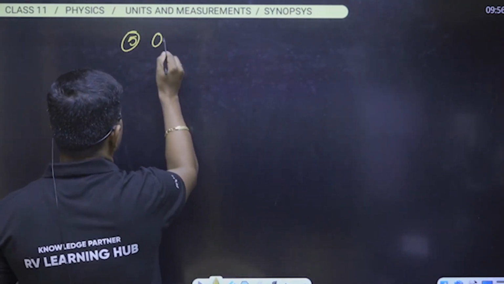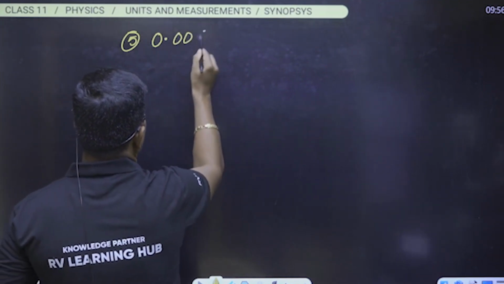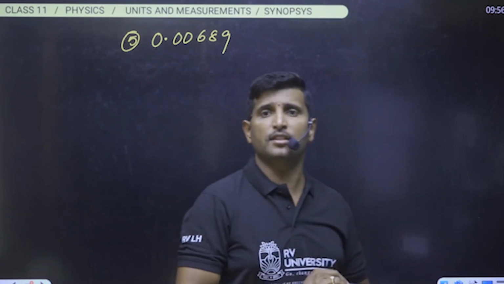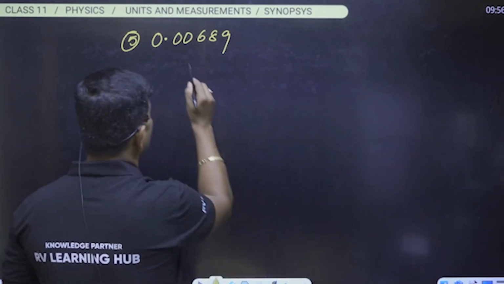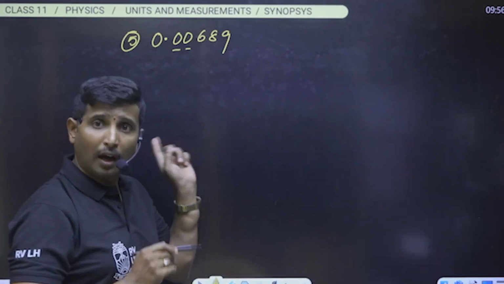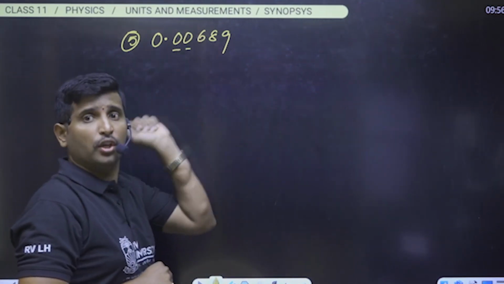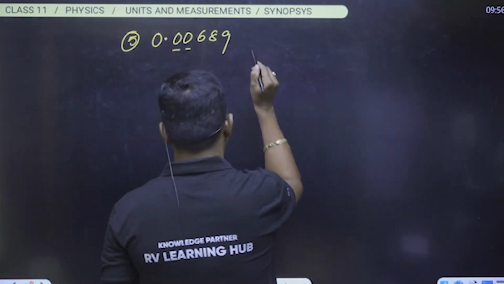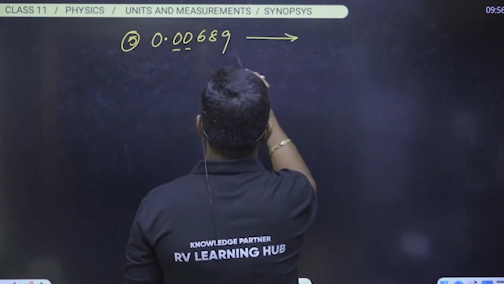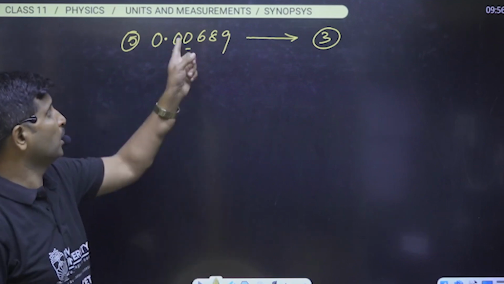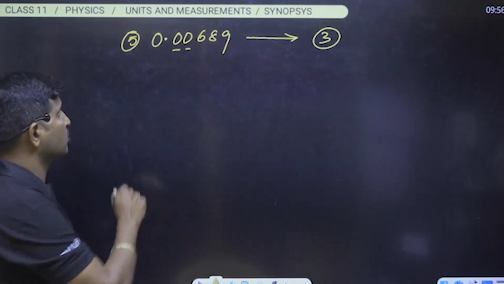So similarly, whenever we go with the next one, that is for a number less than 1, the zeros after a decimal point before a non-zero digit are not significant. So how many significant figures are there in this number? We can say it is only 3 significant figures.